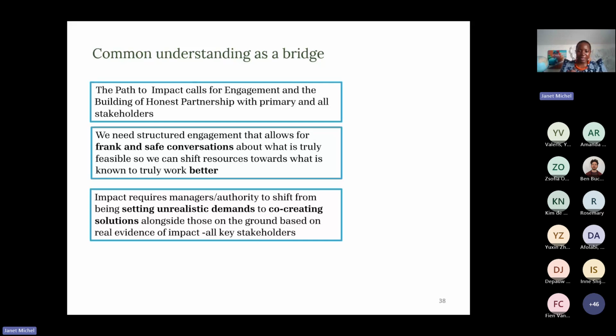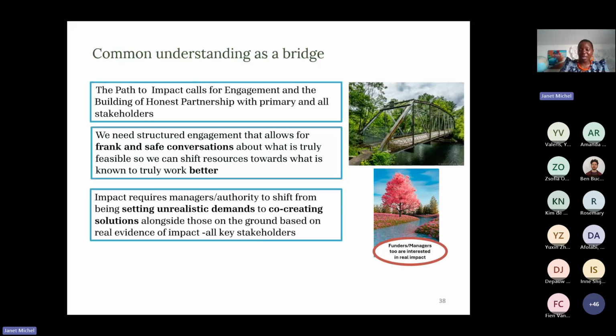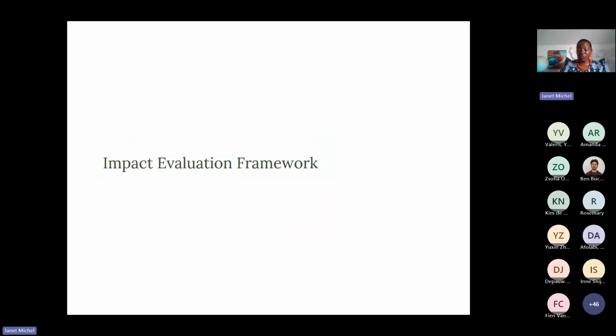But it also requires that managers shift from setting unrealistic demands to co-creating solutions with those on the ground, those people that actually have contact with the patients, who know what is working and what is not working. The good thing is that this is a bridge, that there's this common understanding, and that we all want, I think managers too are interested in real impact.